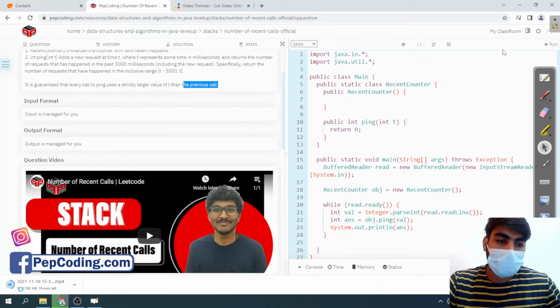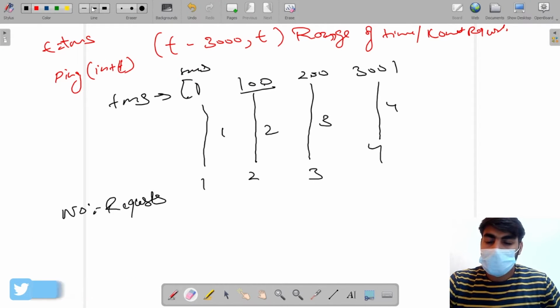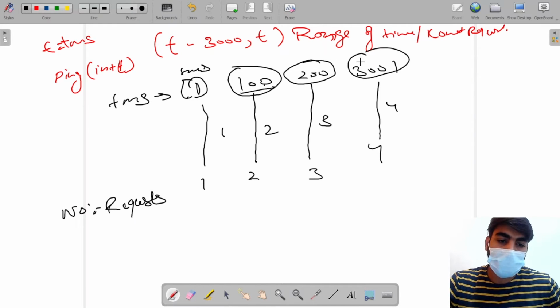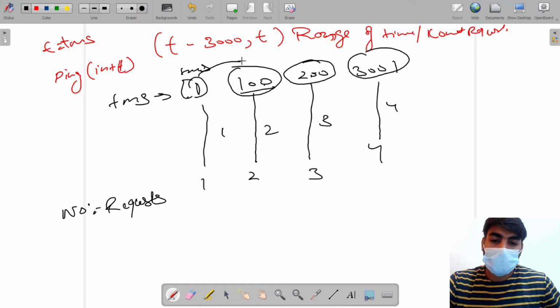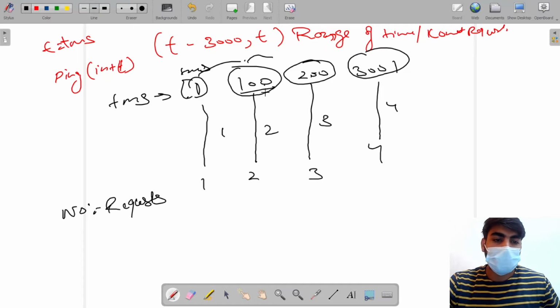So you can see here at our whiteboard, firstly the value of t is 1, then we have 100, then 200, then 301. So it's increasing. 100 is greater than the previous one, then 200 is greater than the previous one, then 300 is greater than the previous one. I hope you understand the meaning of this line.